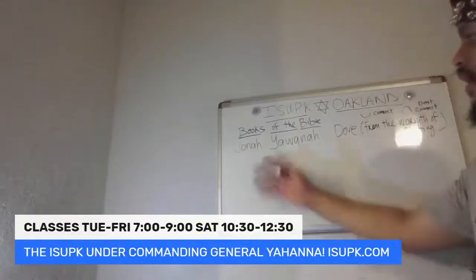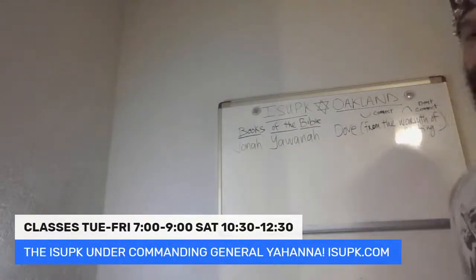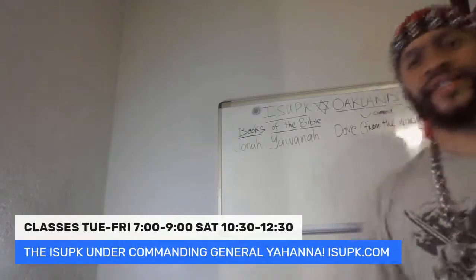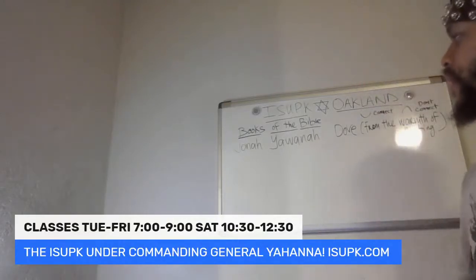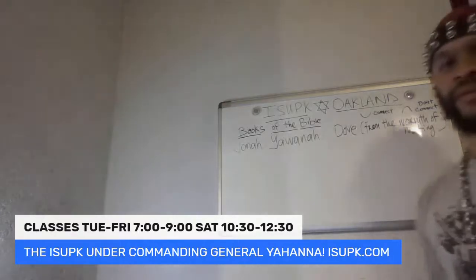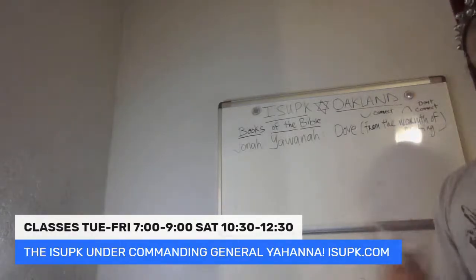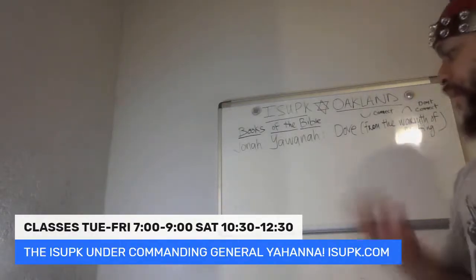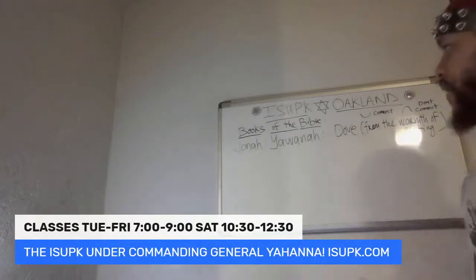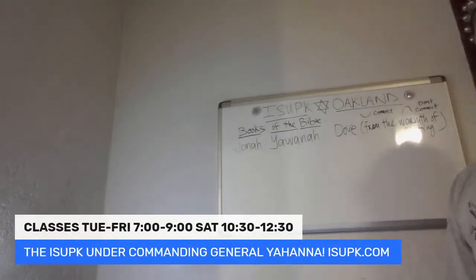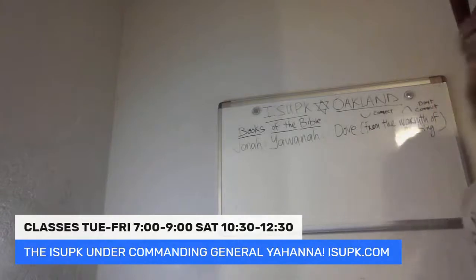Again, very easy to go through. But even that name, Jonah, in English, it don't mean nothing to you. But in our language, it means dove. There's another name for dove as well, but it's not Yawanah. It's just our language is better. All they got is dove or pigeon.